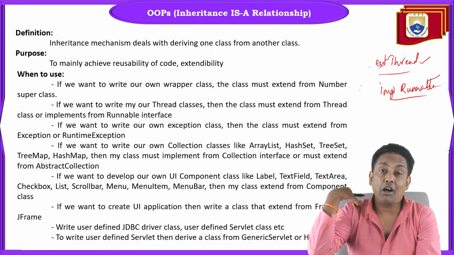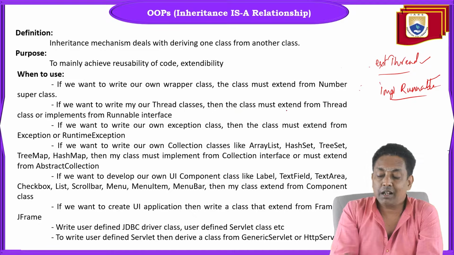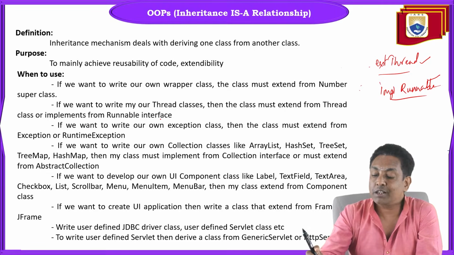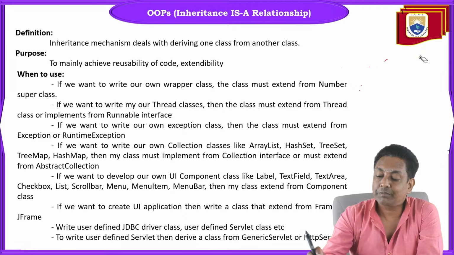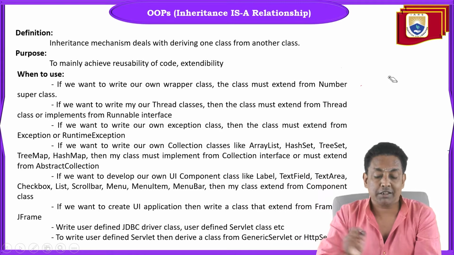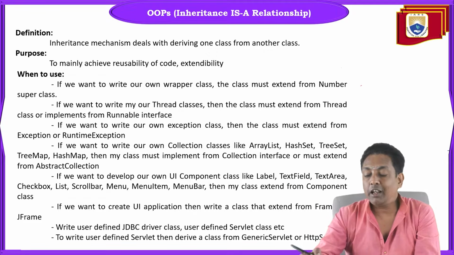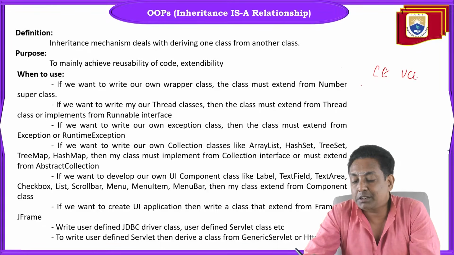But if we want to write our own user-defined threads, we may either extend from the Thread class or implement the Runnable interface. To write threads, we need to derive from the already existing Thread class. Similarly, we have two types of exceptions in Java: checked exceptions and unchecked exceptions.